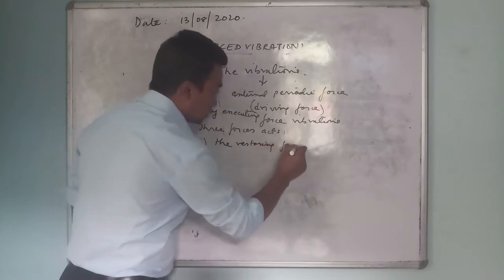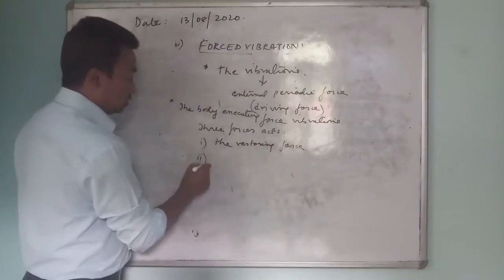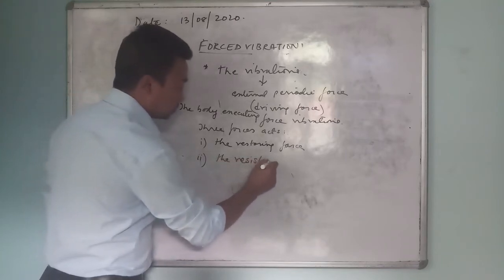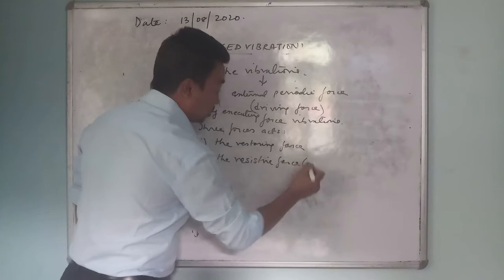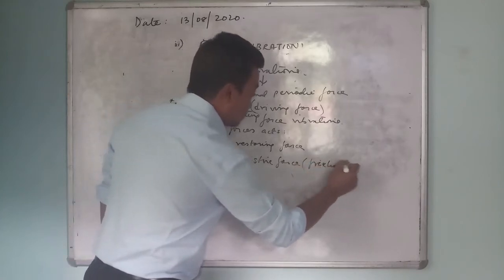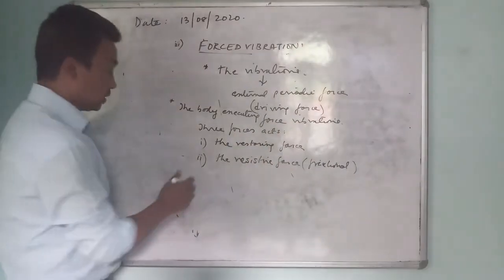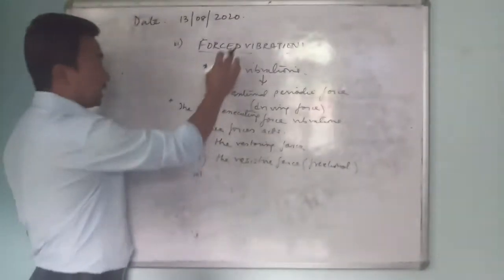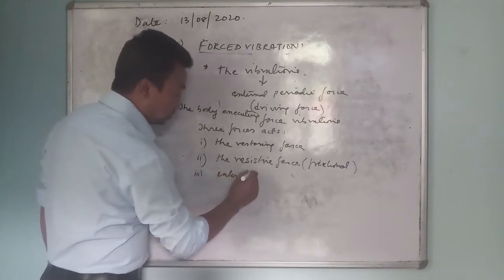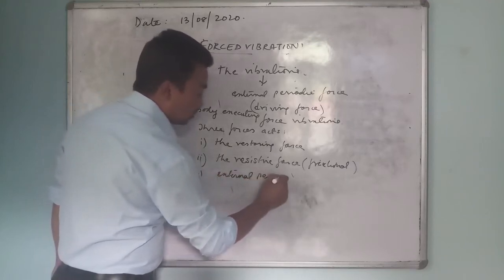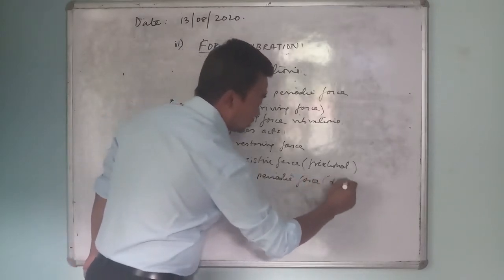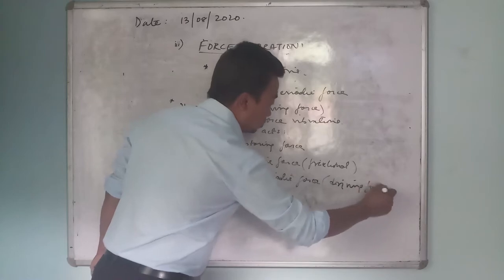Number two is the resistive force, which can also be termed the frictional force. This is due to the surrounding. And the third, which is added in this case, is the external periodic force, which is also known as the driving force.